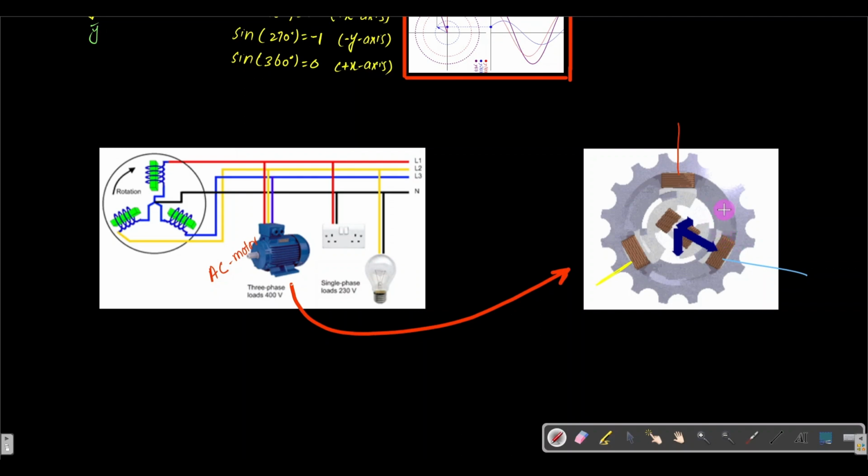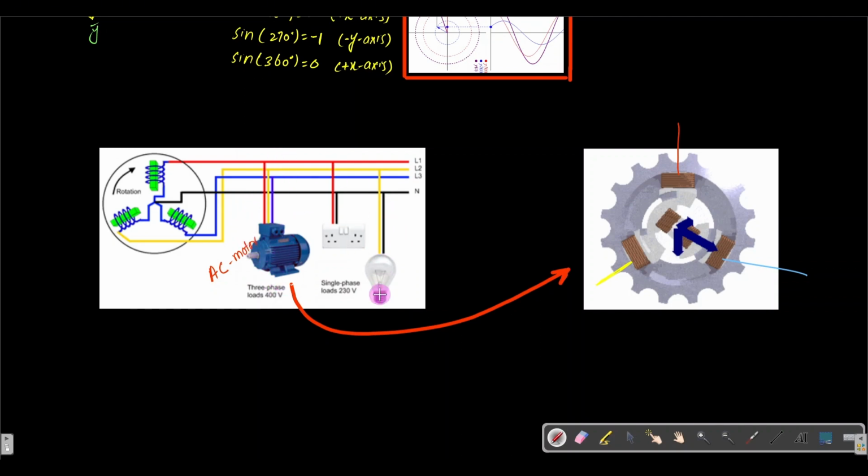Therefore the magnetic field is actually rotating at the center toward this rotor, and that rotation we call the synchronous speed. Due to the synchronous speed of the changing magnetic field, the rotor inside this AC motor is rotating. The magnitude is also different at different positions. And we have discussed this about AC motors.